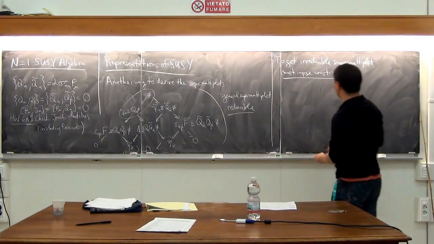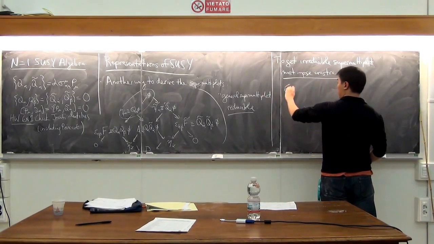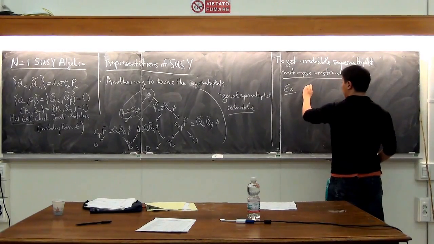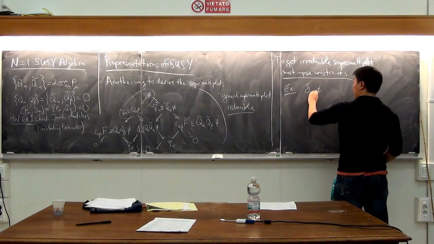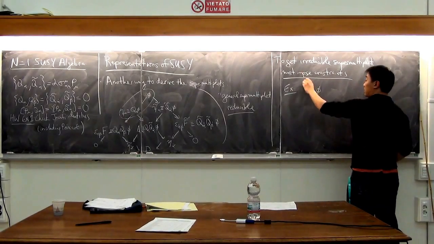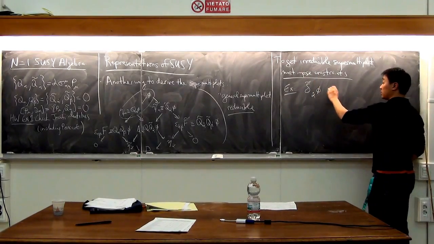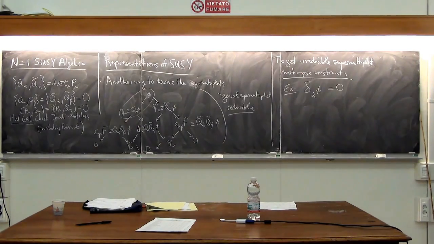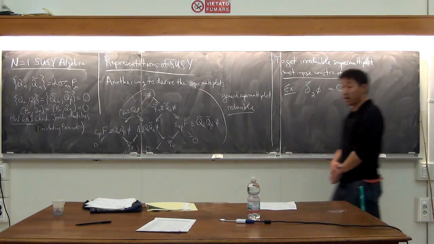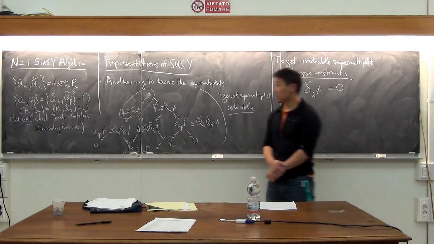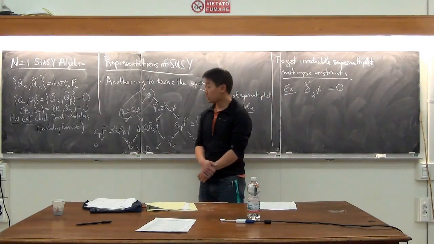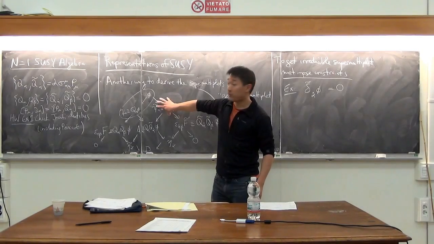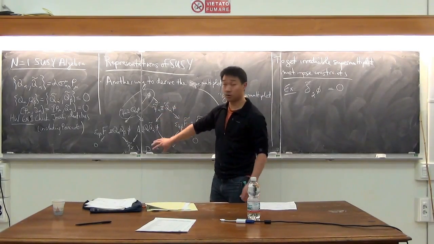Well, for example, I could just declare that phi is annihilated by all the right-handed supercharges. If I declare that phi is annihilated by all the right-handed supercharges, that has a desired effect. Now I can't go this way anymore. If I try to go this way, I get 0, or I get a total 0.